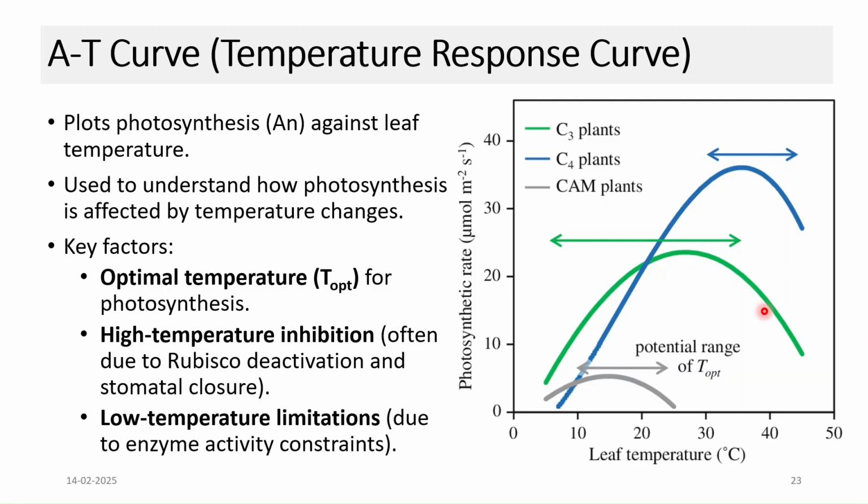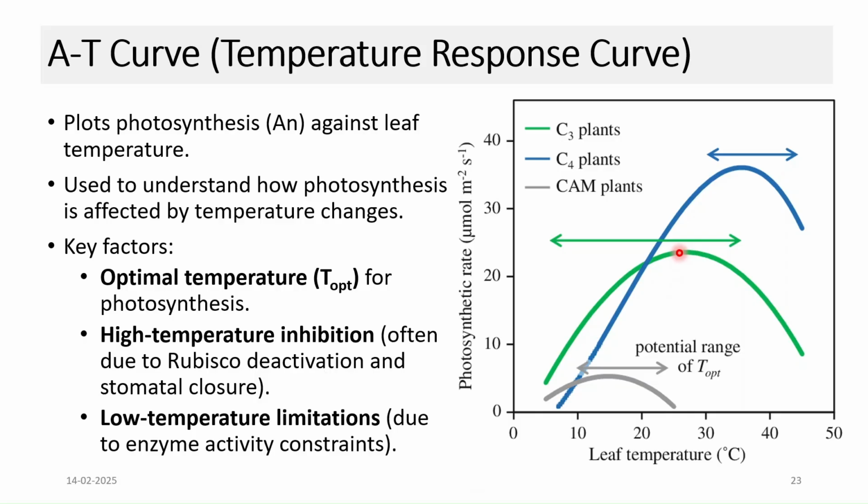So this is a typical graph plotting the behavior of C3, C4 and CAM plants with changing leaf temperature. We see this is how the C3 plants respond, with photosynthesis varying with temperature, and the maximum point of photosynthetic rate, the temperature at which it is attained, is what we call the optimal temperature for photosynthesis.